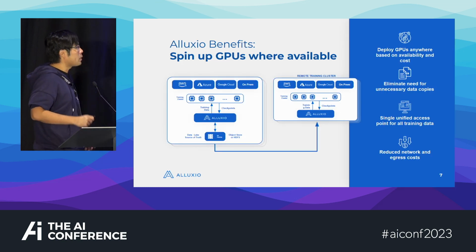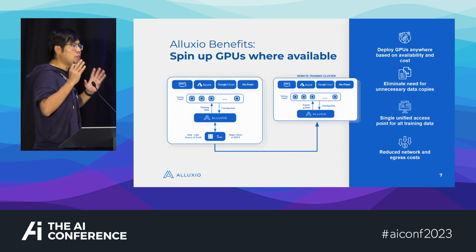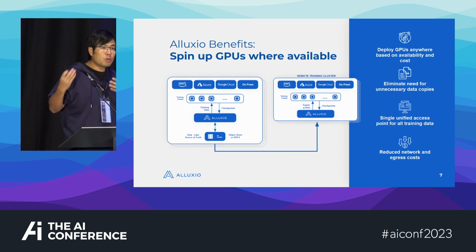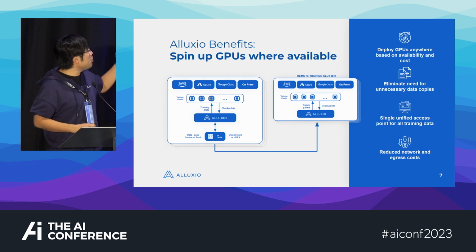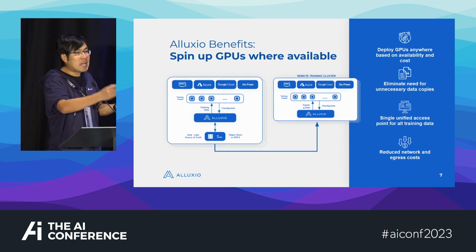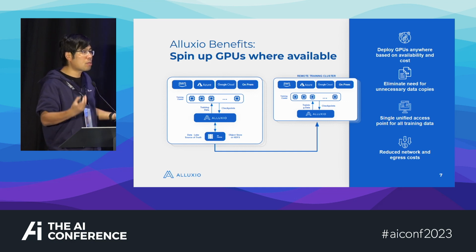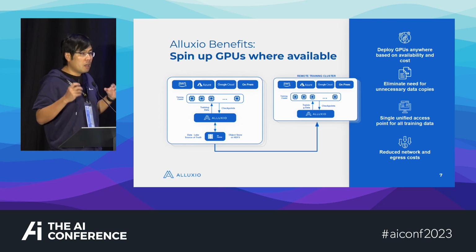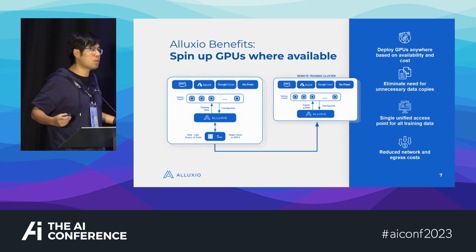So if you want just one takeaway from my talk, with a solution like Alluxio, you can put Alluxio in place closer to your GPUs, so you can spin up your GPUs whenever they are available, with your GPUs connected directly to your data lake, to your S3 or your other data lake solutions, just like these GPUs having their local storage.